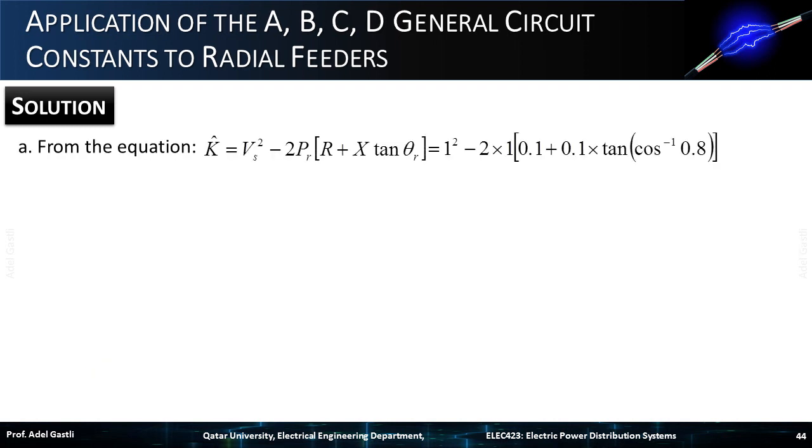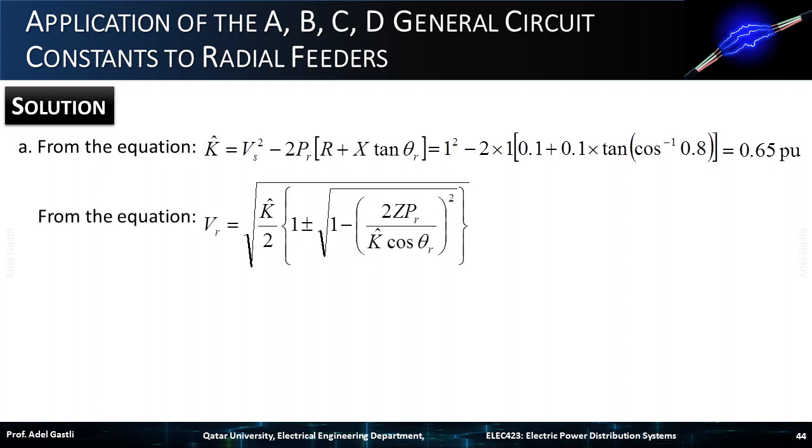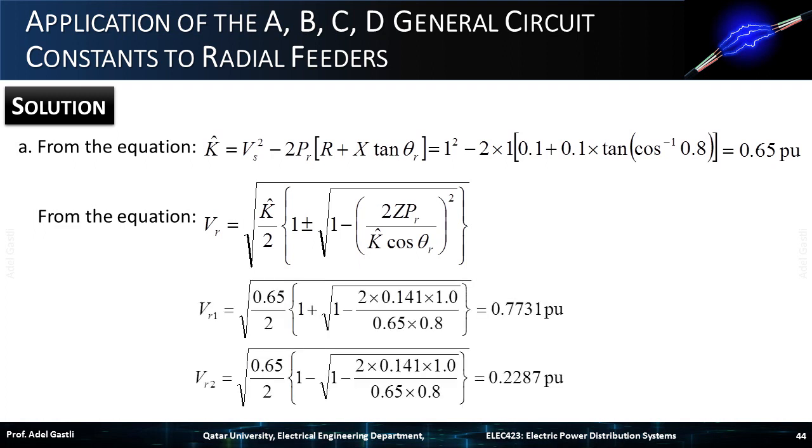To solve this problem, we start by answering question A, and calculate K, using this equation. Replacing all known parameters with their given values, we can obtain K equals 0.65 per unit. Now, in the equation of VR, we can replace K and all other known parameters with their actual values, and find the two mathematical solutions.